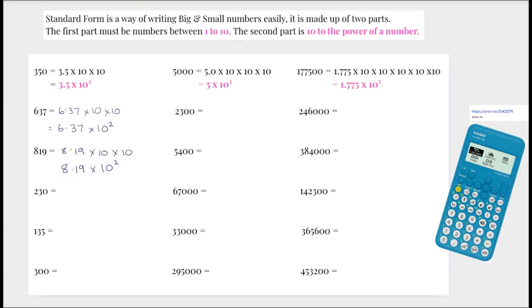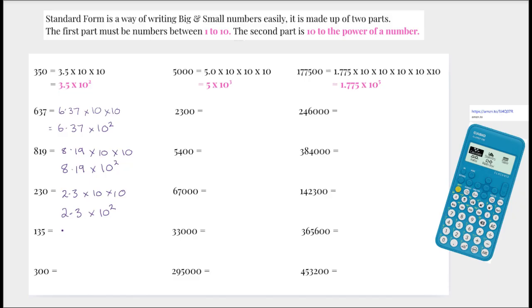Next, 230. So it's going to be between the 2 and the 3. And to do that, we've moved it 1, 2. So that means it's 10 times 10. So our answer is 2.3 times 10 to the power of 2.